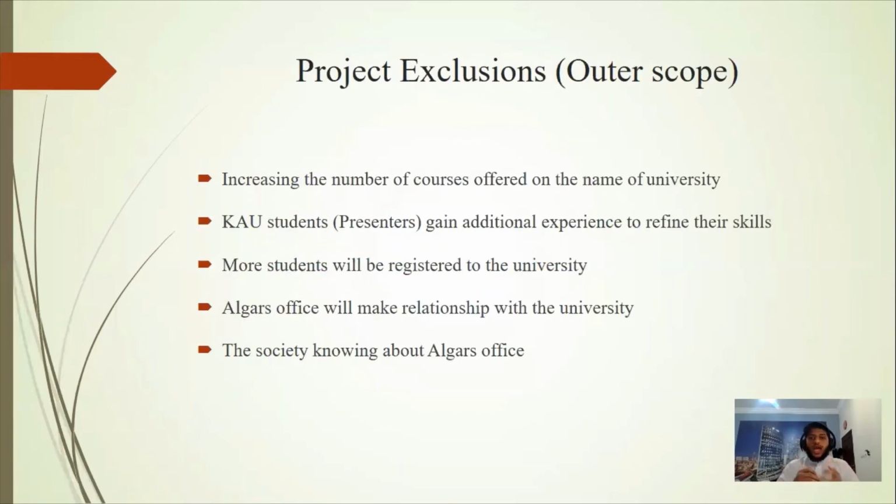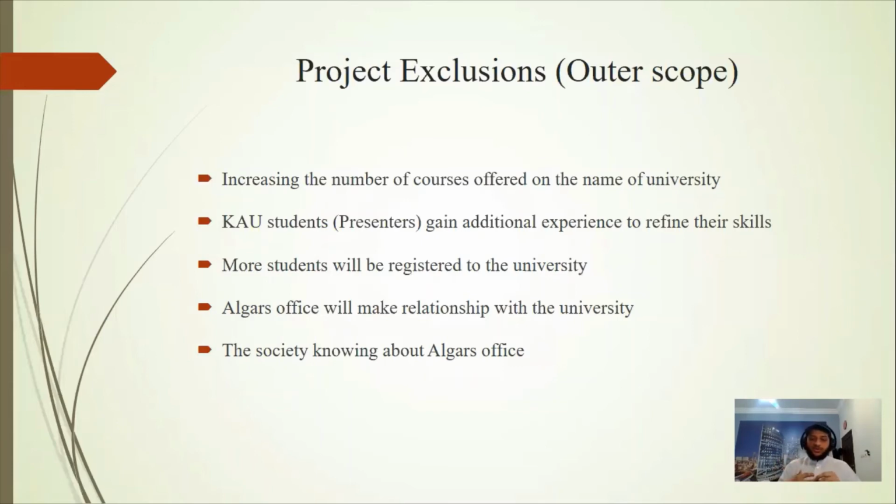Going to the outscope, the project exclusion. We have 5 main things. It's increasing the number of courses offered by the name of the university, and this is the university scope. Also, our presenters will be KU students, and they will gain more experience and skills after doing the course.